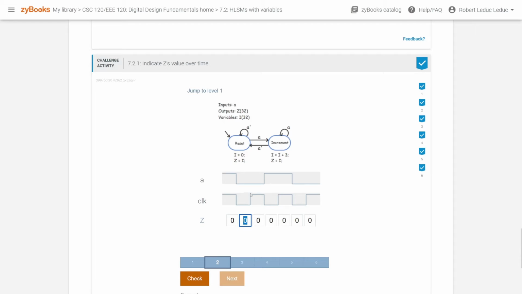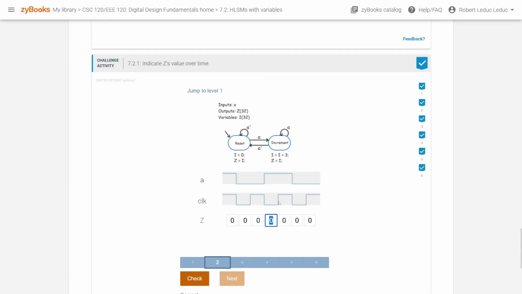On the first rising edge, A is low. It's 0. So in this case, just like in the previous case, when A is false, we will cycle back to the same reset state. So the values of I and Z will not change. So for this clock cycle here, the value of output Z will remain 0.